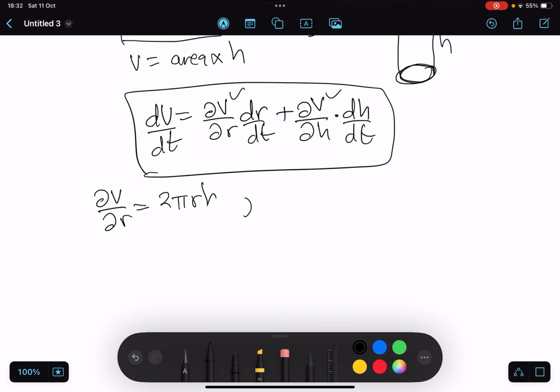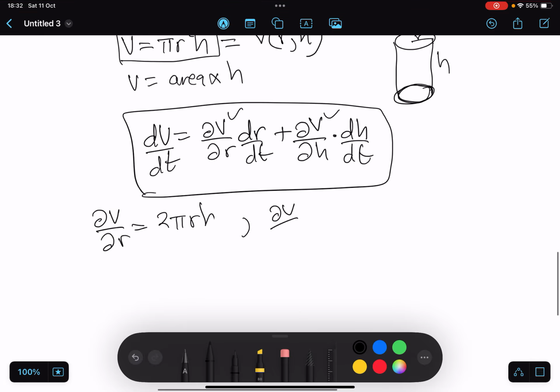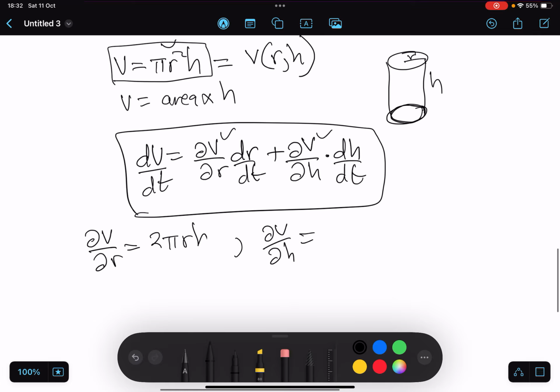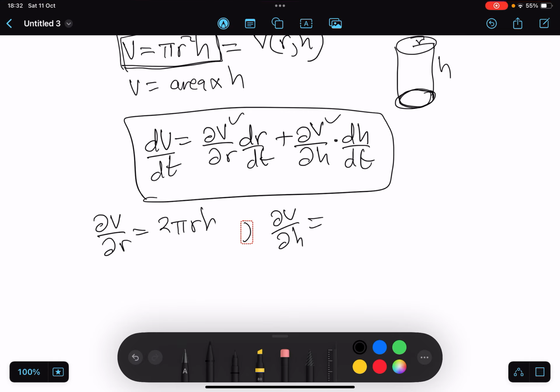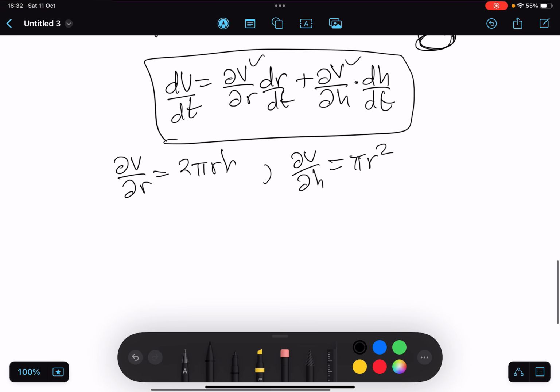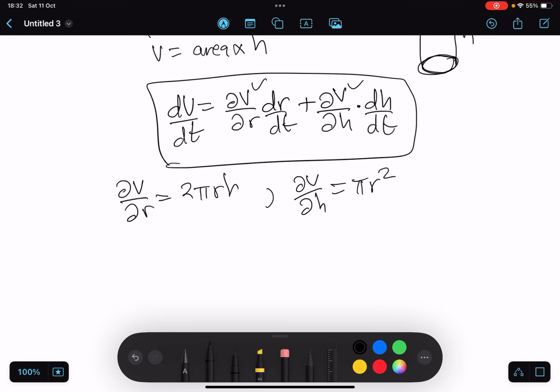Then now let's differentiate V with respect to H. Differentiate the same function with respect to H. Now it's going to be pi R squared, isn't it? And then now we found del V del R, we found del V del H.